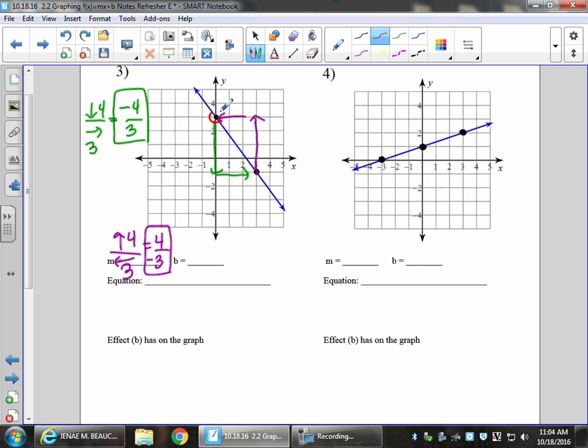3? Good job with 3. That's where the line crosses the y-axis. If we put this together, my function f of x equals, careful, negative 4/3 x plus 3.